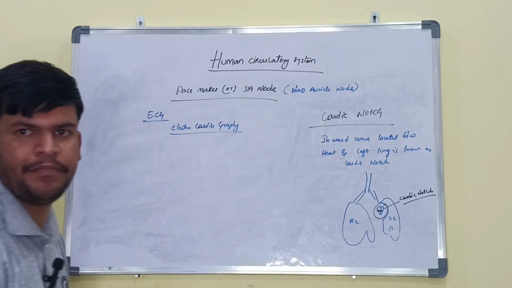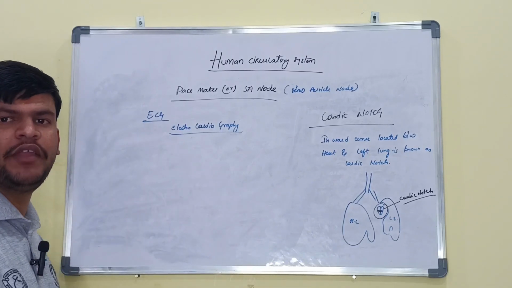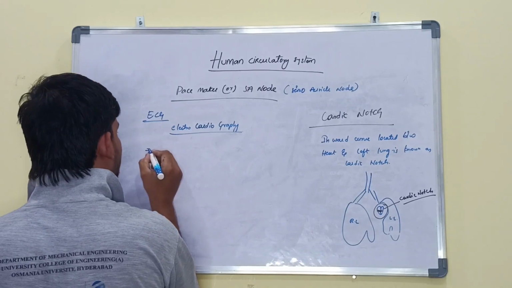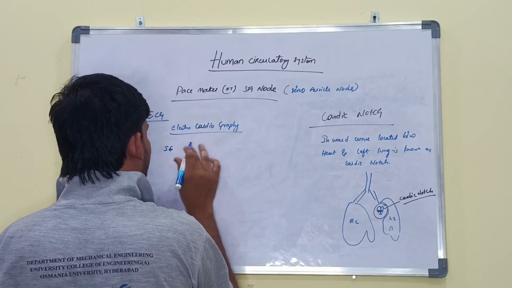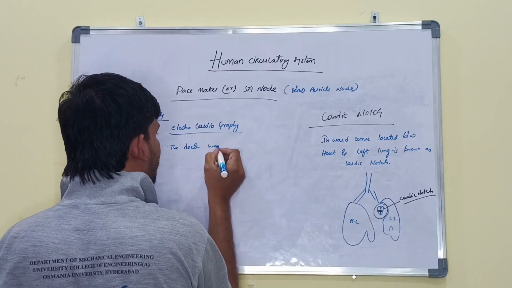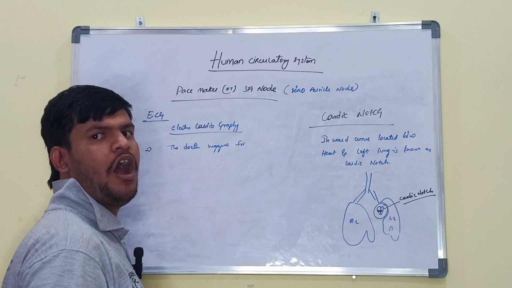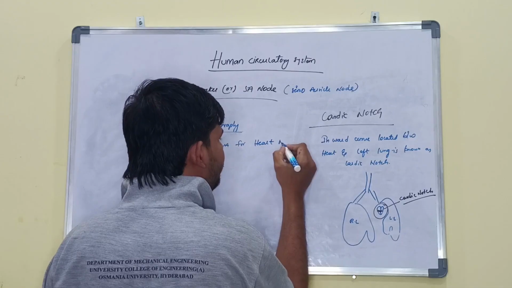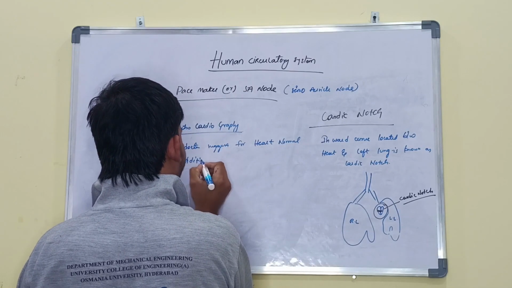The main use of the electrocardiographic test is to know how the heart is functioning. That means the doctor suggests an ECG test to see how the heart is working, whether it is working in normal condition or whether any defects can be seen.